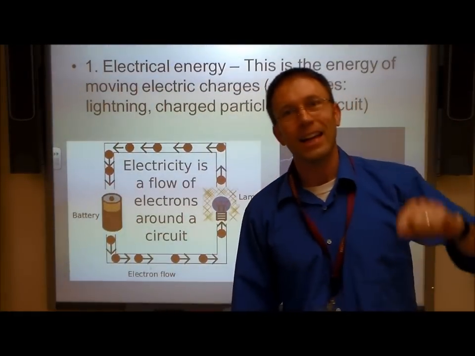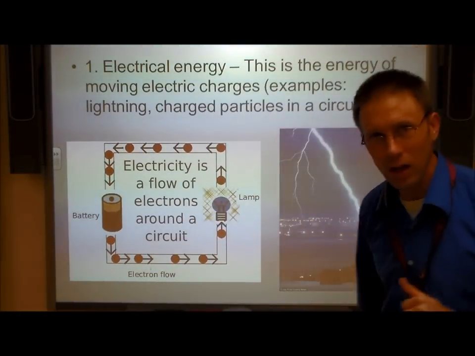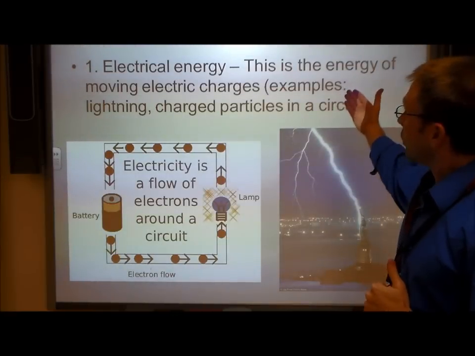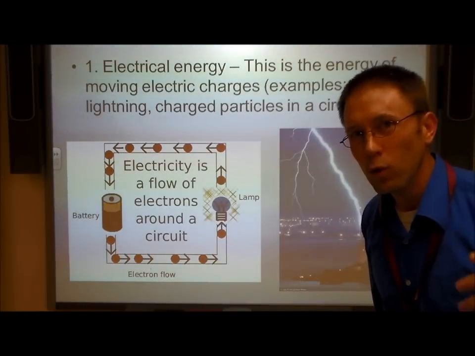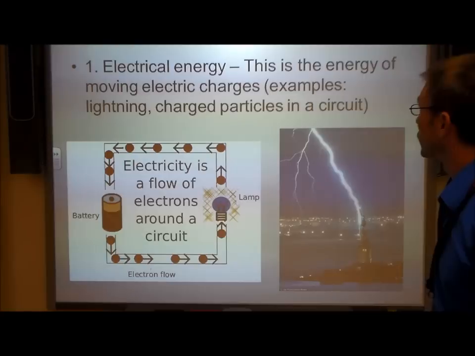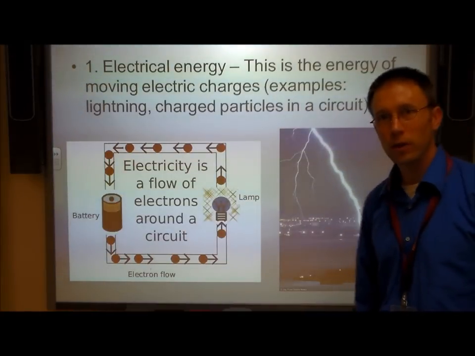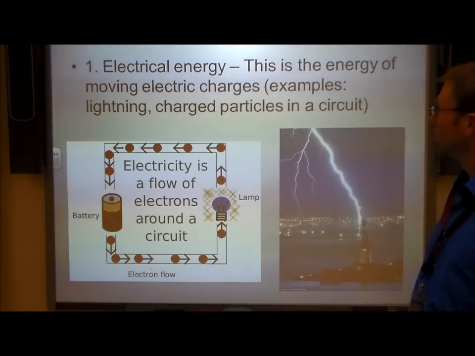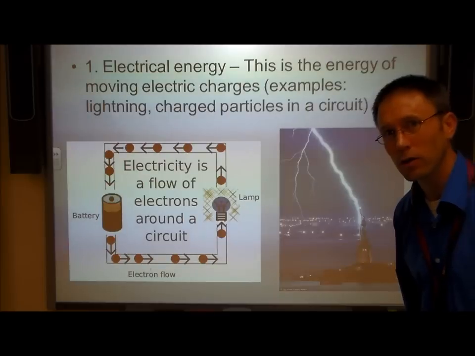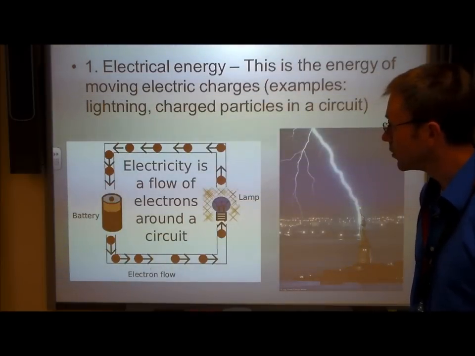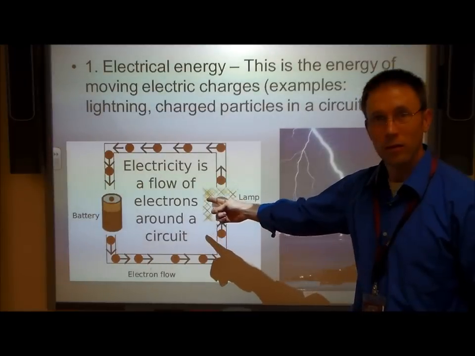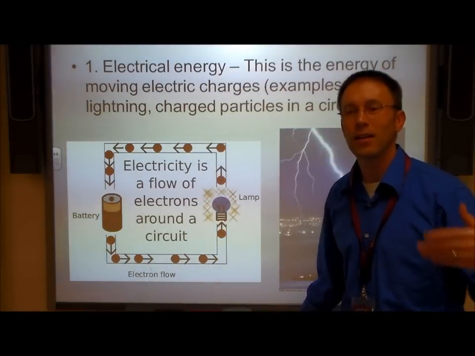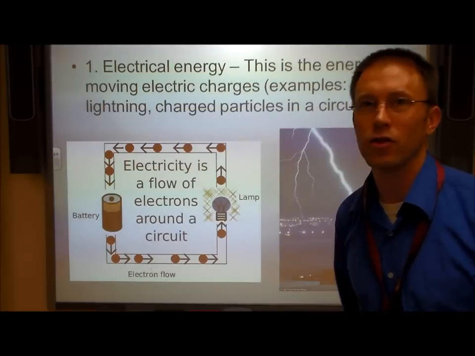First category, electrical kinetic energy. The energy of moving electric charges. Examples would be lightning, charged particles moving through a circuit. Now you use electrical kinetic energy all the time.